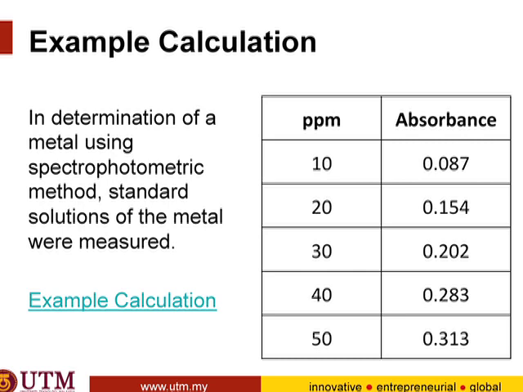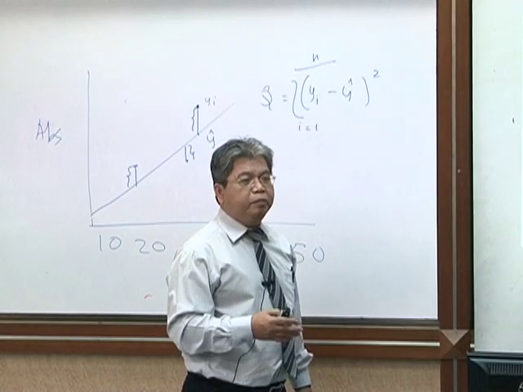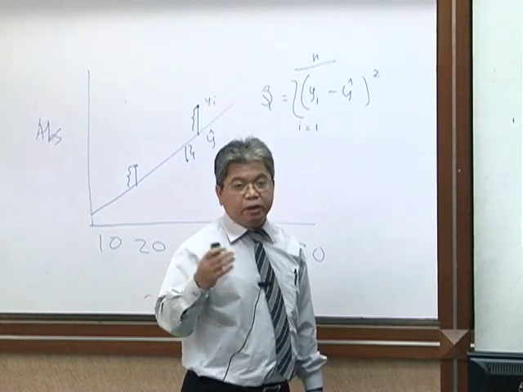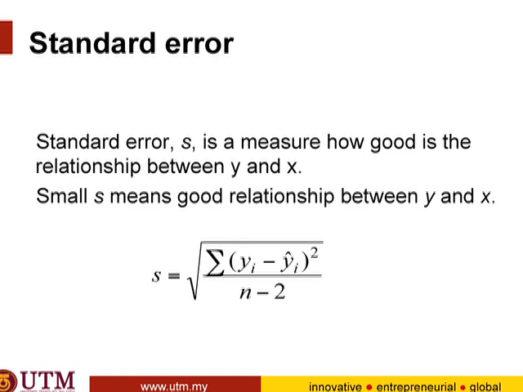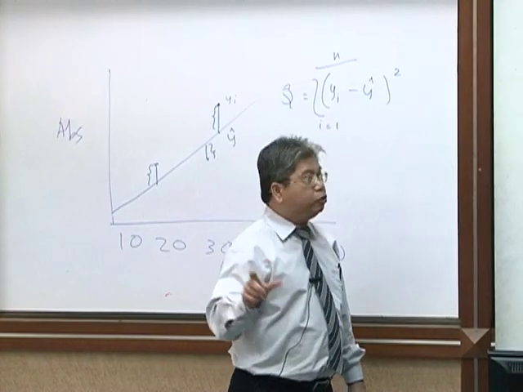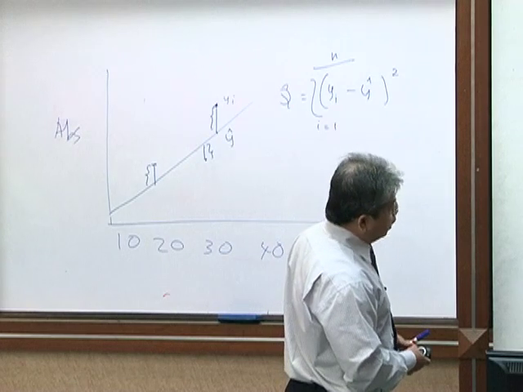In any statistical result, there must be a measure of how good our result is. For example, we can use standard deviation to measure the precision of our data. In a straight line relationship like this, we can use a statistic called standard error to measure how good our line is.